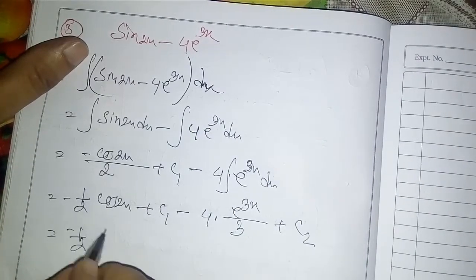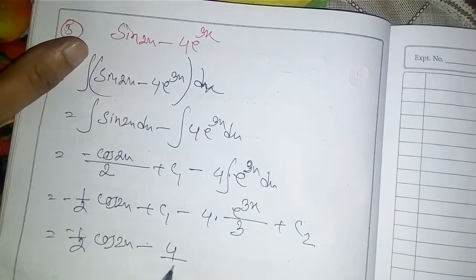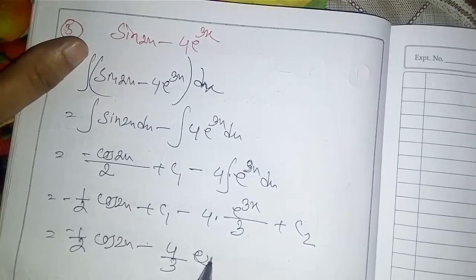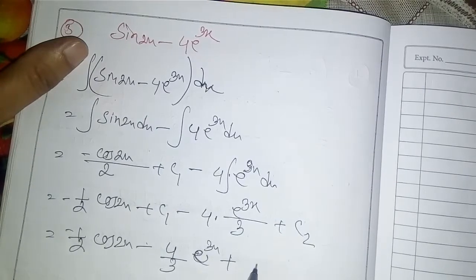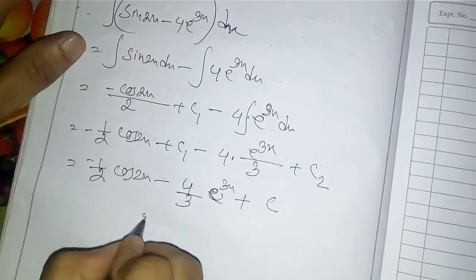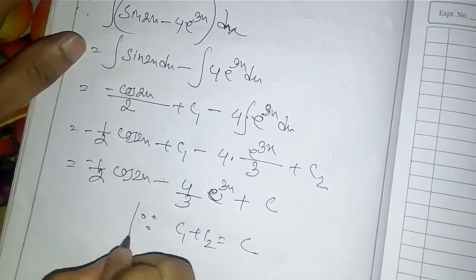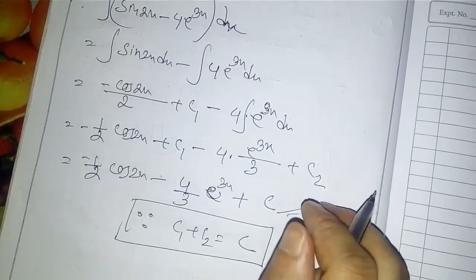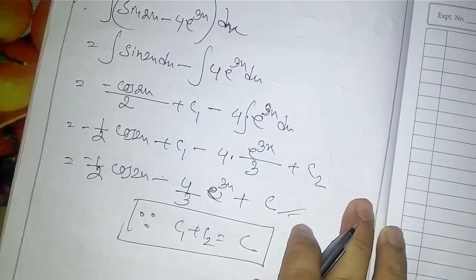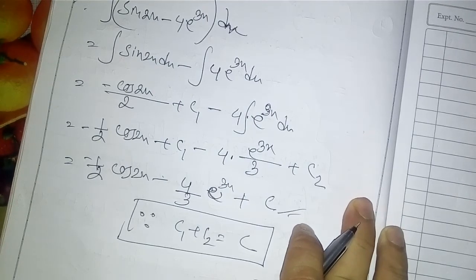So the answer is minus half cos 2x minus 4 by 3 e to the power 3x plus c, since c1 plus c2 equals c. This is the integration constant. Understood? This is for number 5.